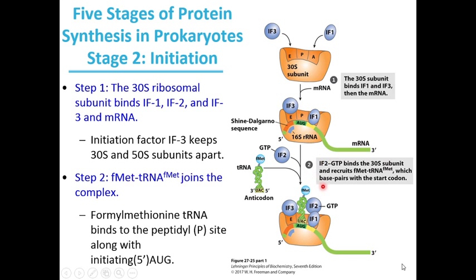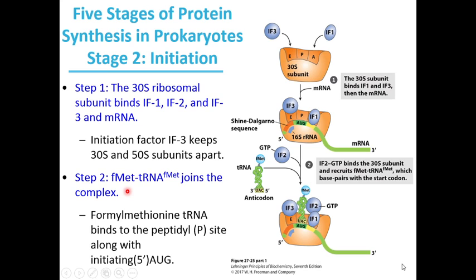In step 2, IF2, or initiation factor 2, that is bound to GTP, binds the 30S ribosome subunit and recruits a tRNA. And this tRNA is called the first tRNA, or the fMet tRNA. fMet stands for formylmethionine tRNA.